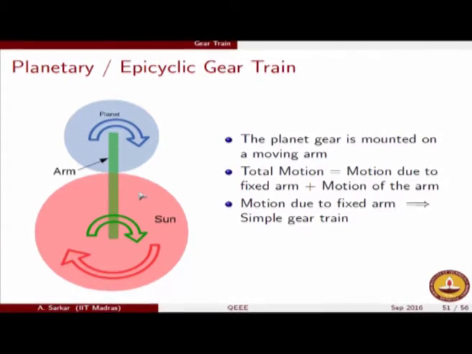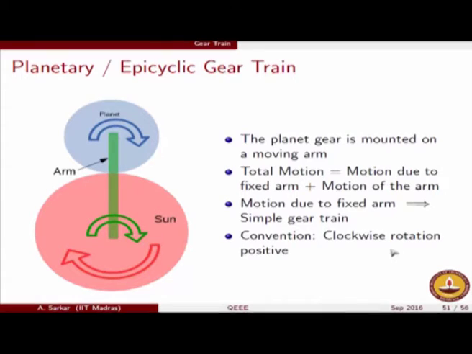As per the relative velocity formula, the total motion will be the superposition of these two motions. If we add them up, we get the total motion as observed by someone standing on the frame. That is what we finally want, and this is our analysis methodology.